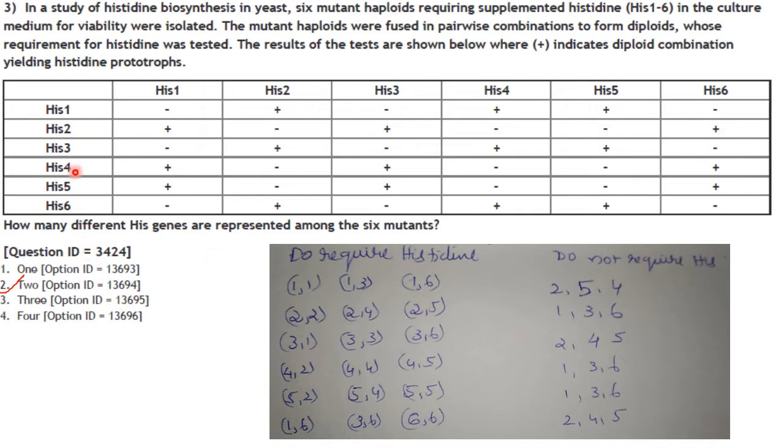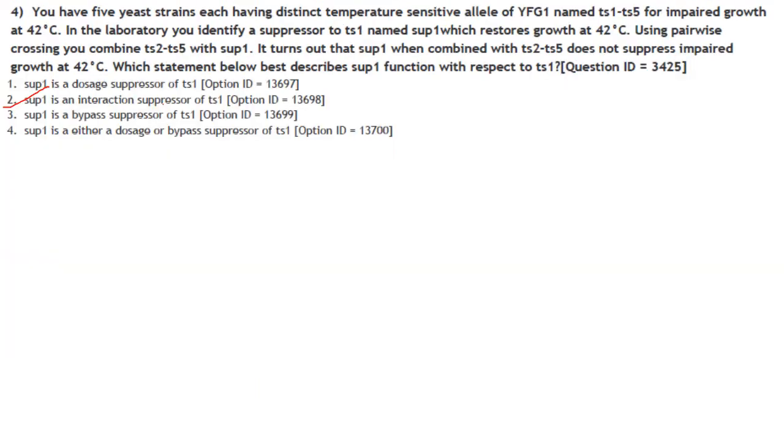Similarly in the case of 4 and 5. So only 2 genes are represented among the 6 mutants. That is 2, 4, 5 one gene set and 1, 3, 6 another. So the answer here is option 2.